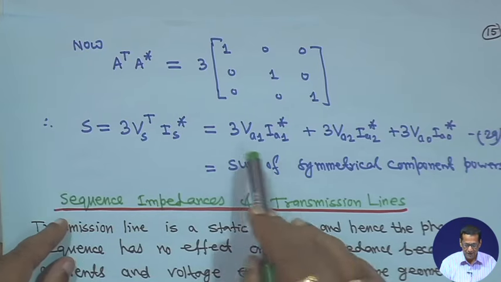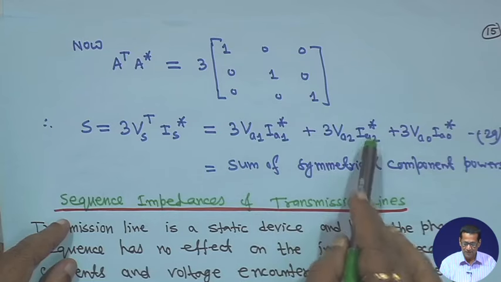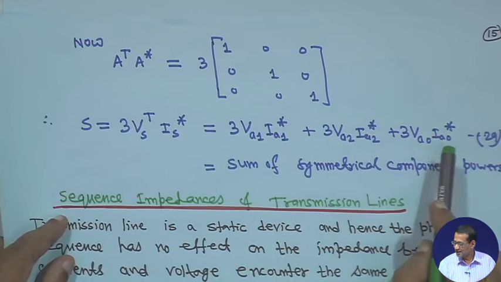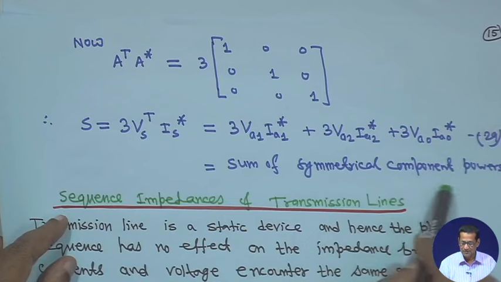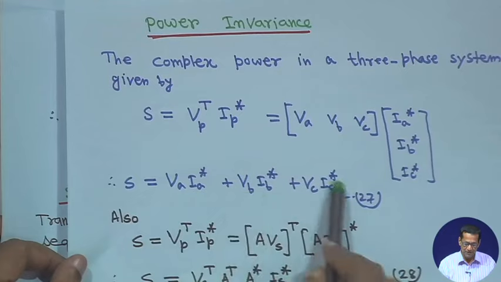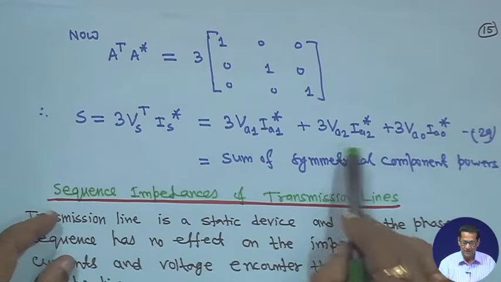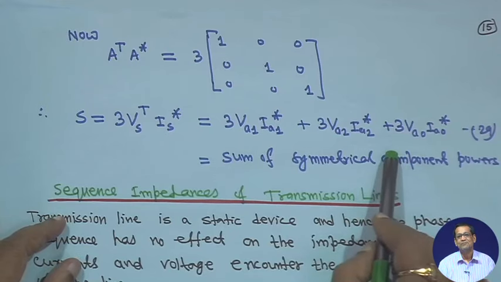So, if you multiply, it will be 3 VA1 IA1 conjugate plus 3 VA2 IA2 conjugate plus 3 VA0 IA0 conjugate, the sum of symmetrical component power. So, that means S is equal to whatever you get here, equation 27, that is actually equation 29, they are the same, I mean they have to be the same, right.